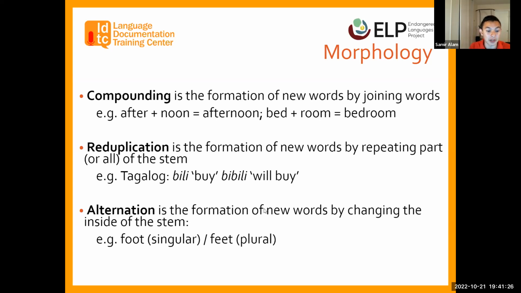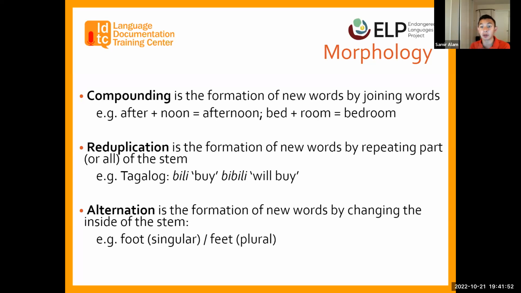Alternation is the formation of new words by changing the inside. So here in English, we have foot and feet. Foot is singular, the thing at the end of your leg, and feet is plural, so you have more than one foot. Here, unlike the normal plural suffix that we have in English, we don't say foots with the plural suffix. We don't actually have any affixes here, right?